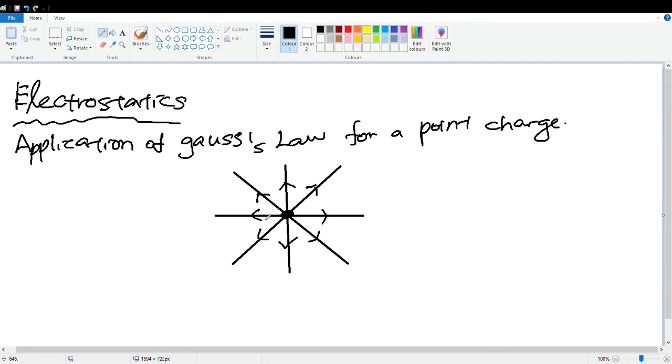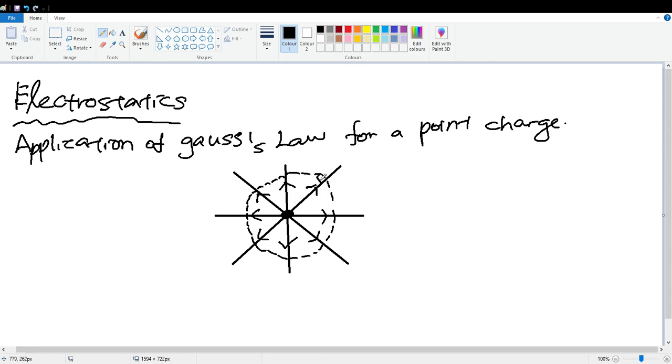When this positively charged particle produces electric field lines to the surroundings, there is a Gaussian surface for the point charge, which is perpendicular to the electric field lines.